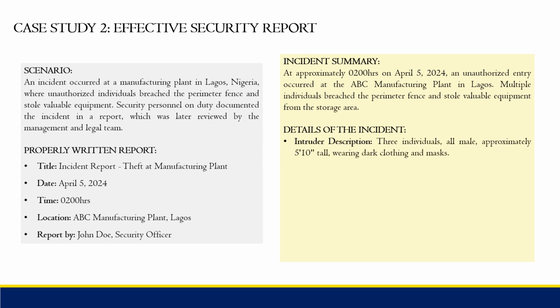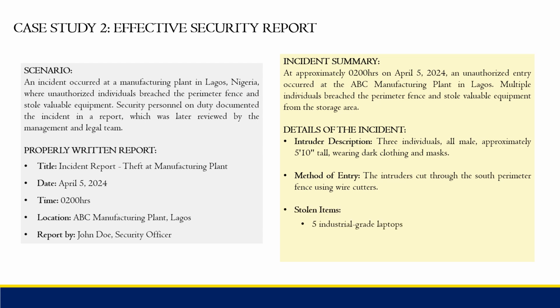Intruder description: 3 individuals, all male, approximately 5 feet 10 inches tall, wearing dark clothing and masks. Method of entry: the intruders cut through the south perimeter fence using wire cutters. Stolen items: 5 industrial grade laptops, 3 power generators.